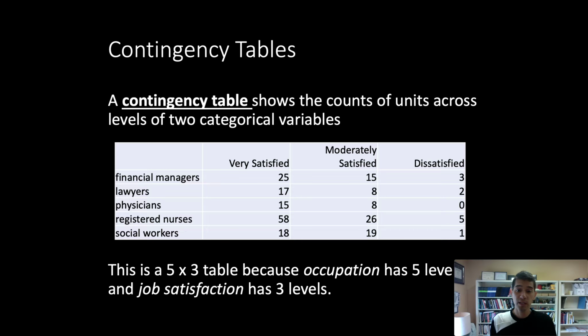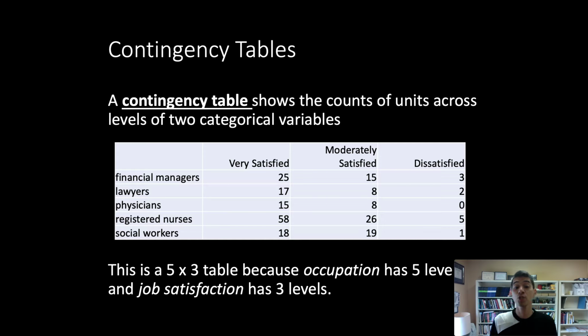But the first thing that we need to do is figure out how to measure the amount of job satisfaction in each occupation when we have different numbers of people in each occupation. So there are more people that are registered nurses in the survey than there are people who are physicians. So we need to adjust for the fact that there are different total numbers of people in the occupations.